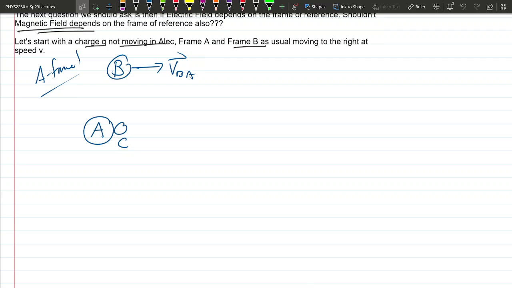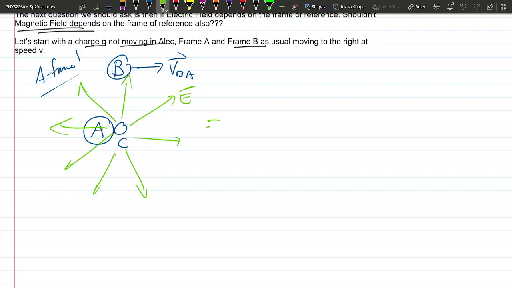But since you have a charge, you're going to create an electric field that's coming out like this. Remember, a point charge will create an electric field that's radially outward. So if we go to Brittany's frame, she's going to see an electric field, and there's also going to be a charge that's moving.